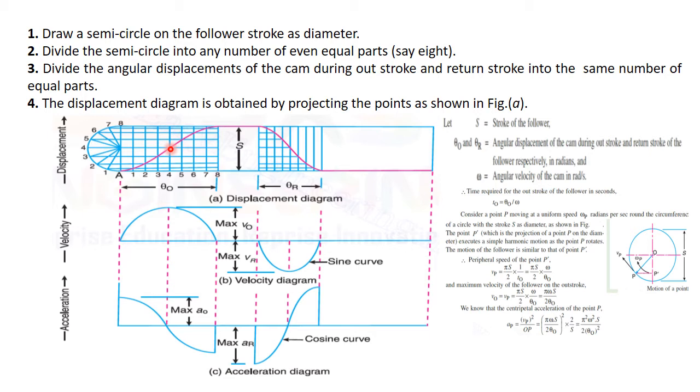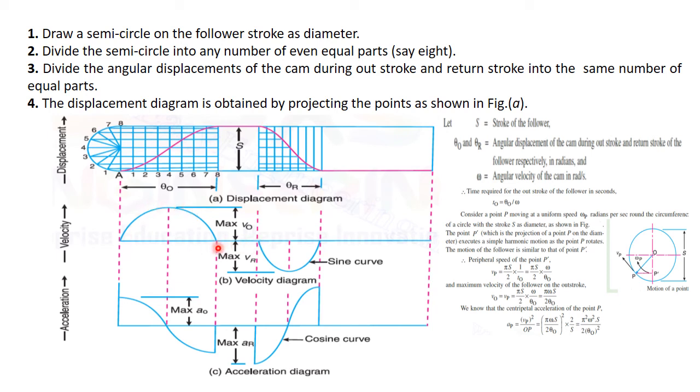At the mid of this curve, the velocity will be maximum, therefore we draw the maximum velocity at the mid of the displacement curve, and we draw a curve like a sine curve. We know that during the dwell time, the follower is in the resting position, therefore there is no velocity.